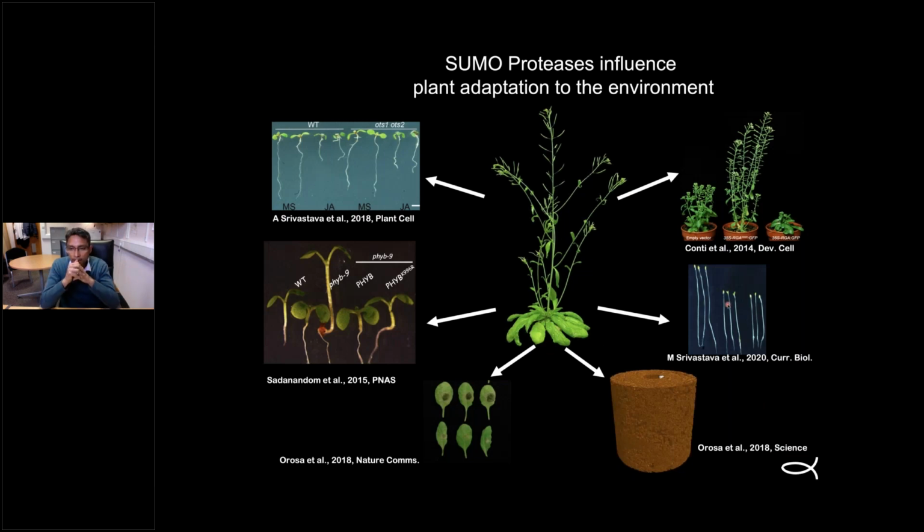Hydropatterning in roots, brassinosteroid signaling in plants, as well as dwarfing through the GA pathway and also the JA pathway, and light signaling. As well as also defense responses in plants, which I'm going to talk about in the next few minutes. So one specific protease has really very specific roles in those different adaptive responses. So I'm going to talk about this one particular one here, in the immune response.